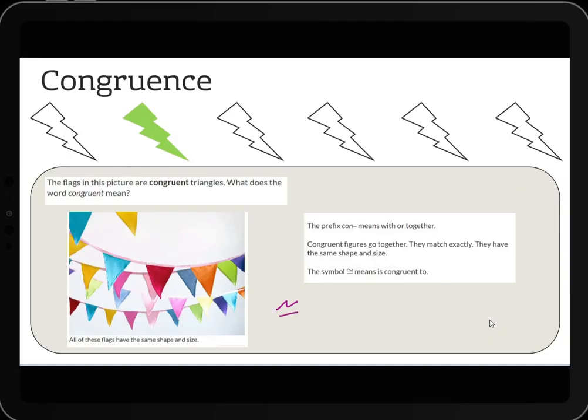Congruence means that the lengths and angles have the same measure. In other words, the side lengths are all equal to each other, and the angles are all equal to each other. That's what congruence actually means.